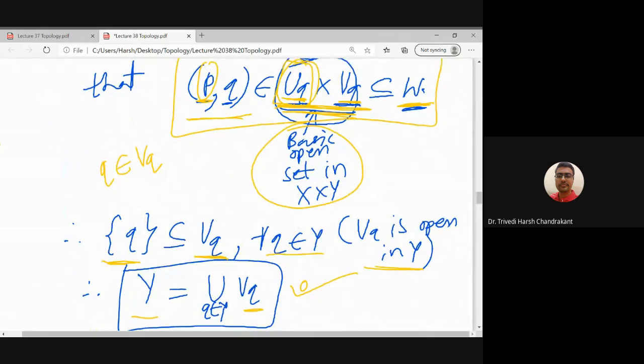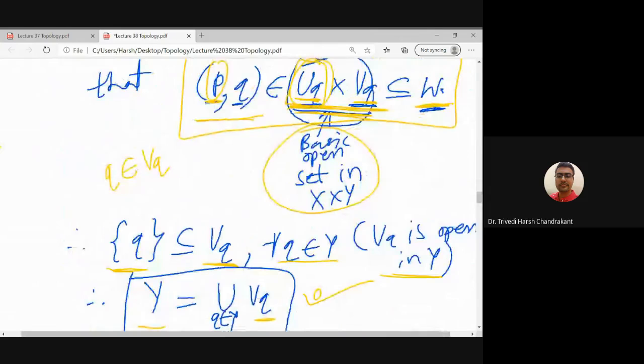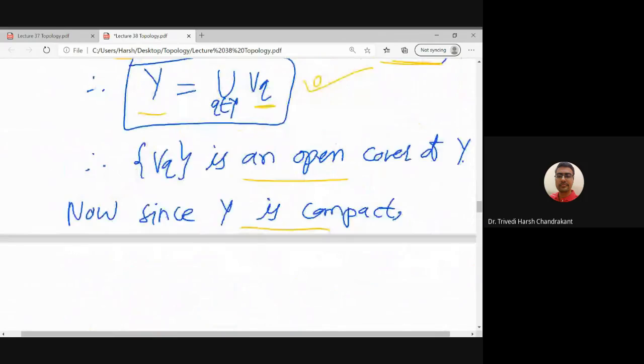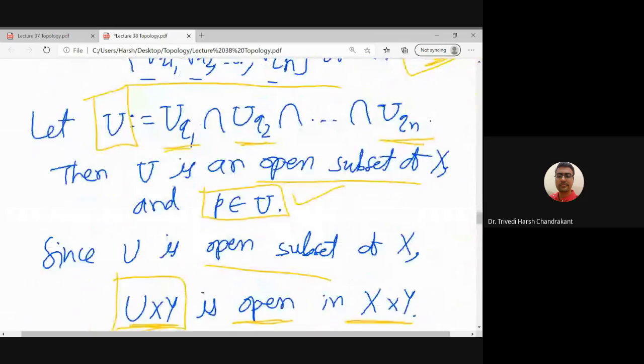For a given Q, UQ cross VQ is always a subset of W for every Q. So therefore, for Q_i0 also, UQ_i0 cross VQ_i0 is a subset of W.